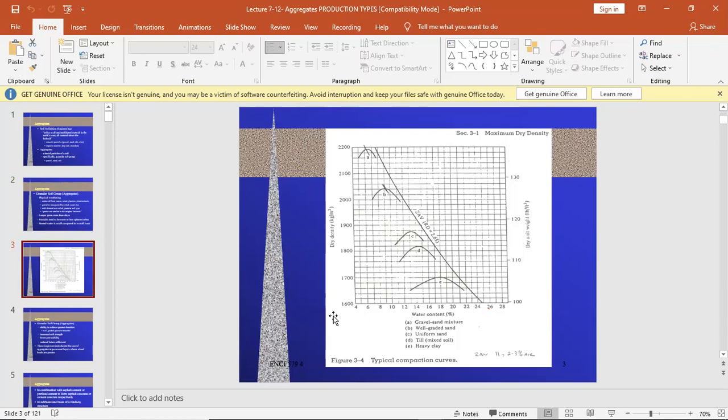Obviously, it depends upon the size of the aggregate. If you have a finer material, then it will absorb more water, and at the same time it may not have a maximum density as compared to a granular material, or crushed aggregate, or something of a higher size like gravel.